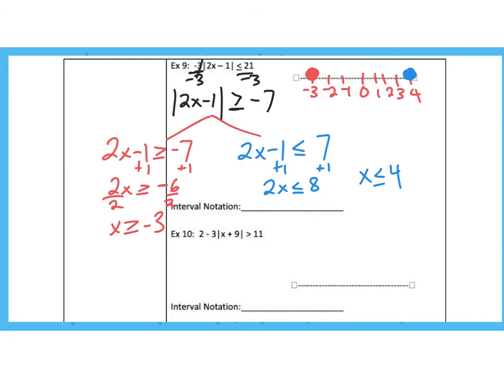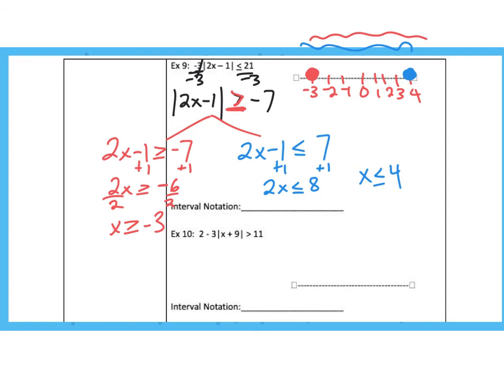So if x is greater than or equal to negative 3, means we're going this way. If it is less than or equal to 4, we're going this way. This was a greater than sign, greater, which means or. So do these have anything in common? Well, since it's an or, your initial thought's probably like, no, this is a no solution.